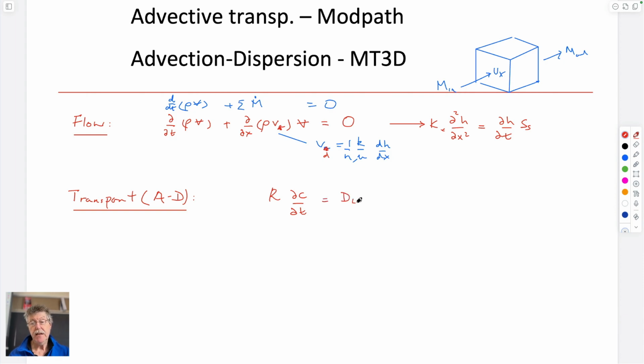Equals D_L d2c dx squared plus transverse dispersion d2c dy squared minus advective velocity times rate of change of concentration in the x direction. Yeah. And so this is for our site, this is for x, this is for y.